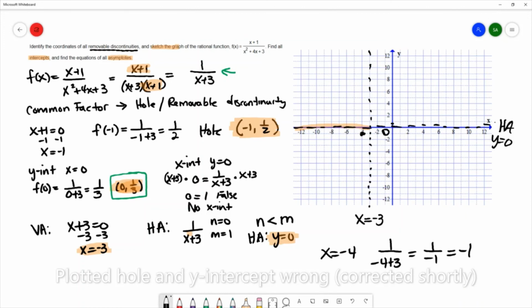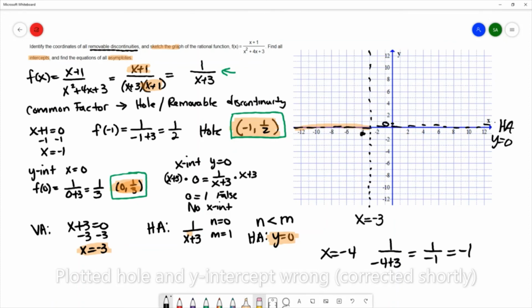So that's about 1/3. I did the same thing with the hole in the graph. The removable discontinuity should have a y-coordinate of +1/2, and yet I drew it below the x-axis. So I'm going to correct that. Let's erase and draw that at (-1, +1/2), about right here.